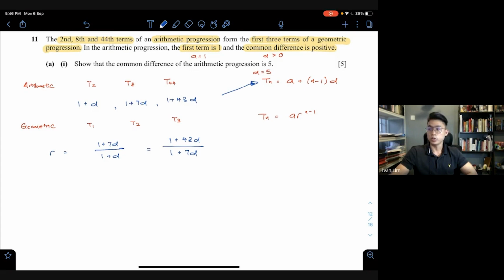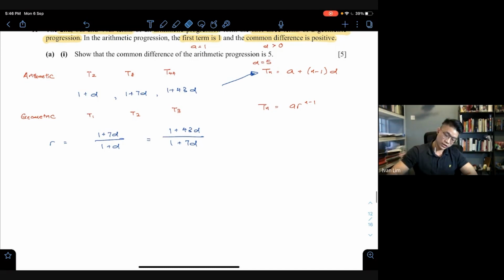But we are actually not finding r here. We are just trying to construct an equation. Otherwise, there's no other equation for you to compare. So (1 plus 7d) over (1 plus d) equals (1 plus 43d) over (1 plus 7d). We don't need to find r, we want to find d. So let's just solve this.